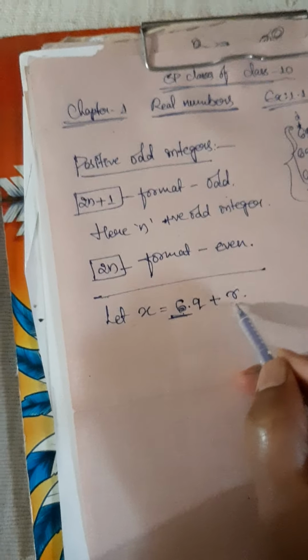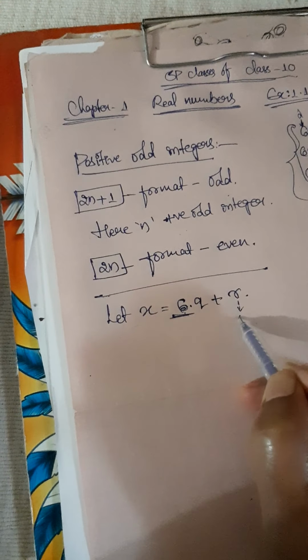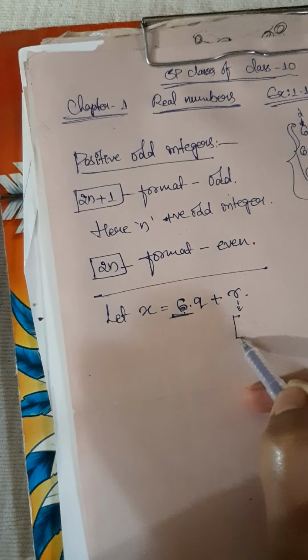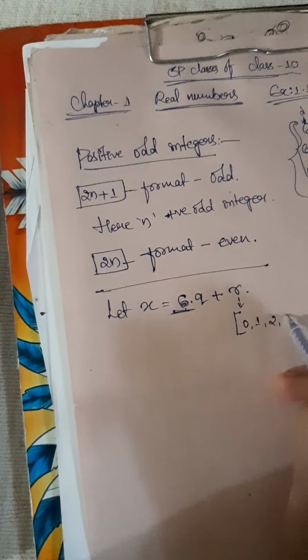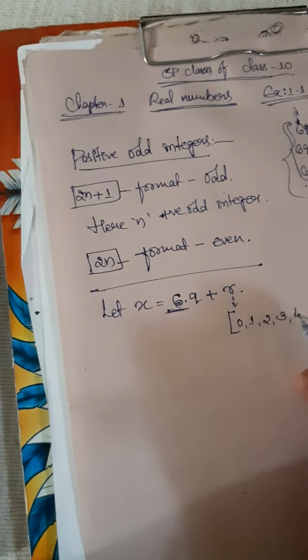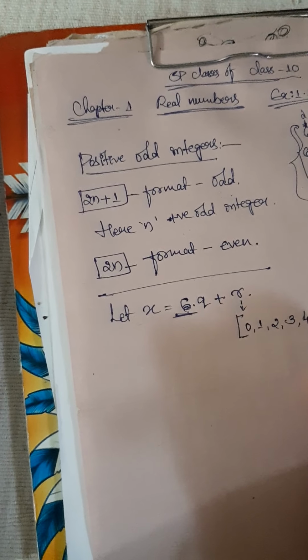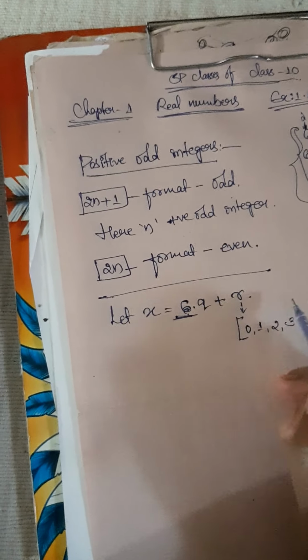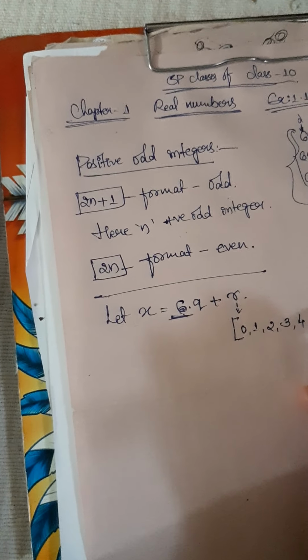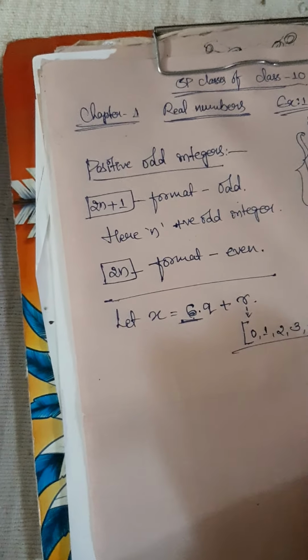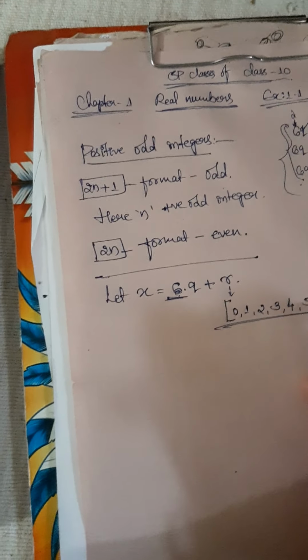For this divisor 6, what are all the remainders we will get? 0, 1, 2, 3, 4 and 5. We can't get 6 because then 6 would be divided by 6 again. So only these numbers we will be getting as the remainders.